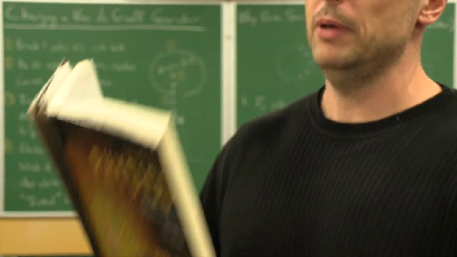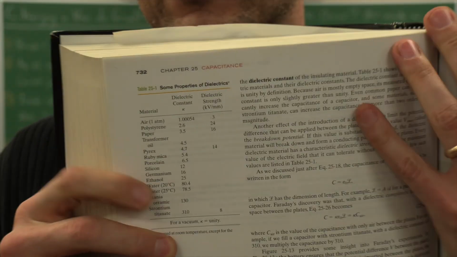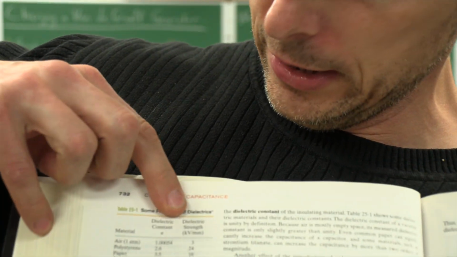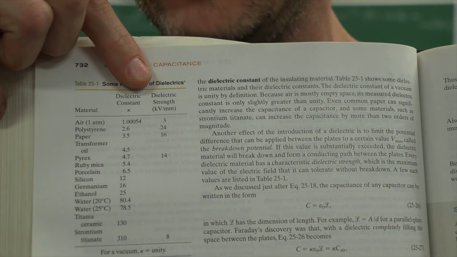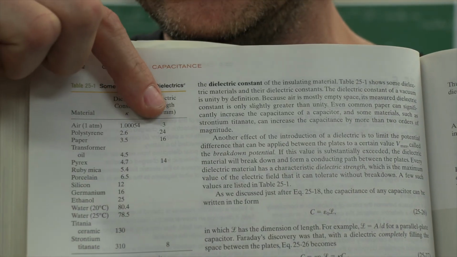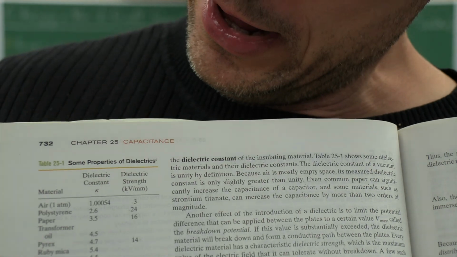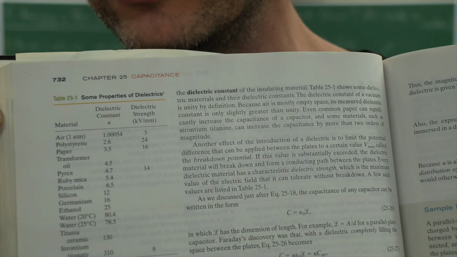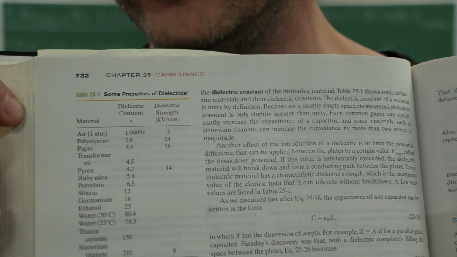If you turn to page 732, there's a table, and you can see a column called dielectric strength. That's what we call the breakdown voltage. At the top, you see 3 for air, and that means 3 kilovolts per millimeter, which is basically 3 times 10 to the 6th.